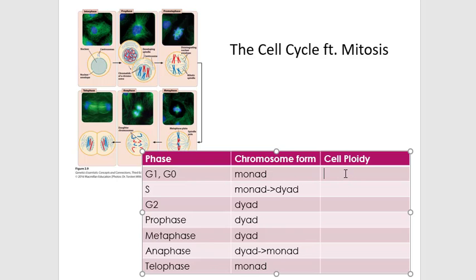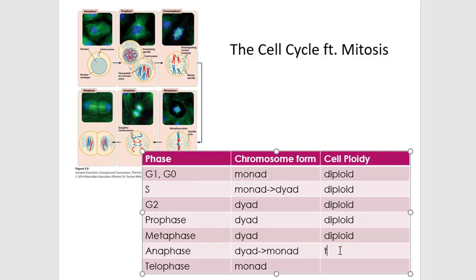The ploidy of the cell is a little different. Whatever the ploidy of the cell is stays pretty much the same throughout the cell cycle. Most cells are diploid, so if you start with a diploid cell, it would still be considered diploid. The only time when you have a change to that would be in anaphase.